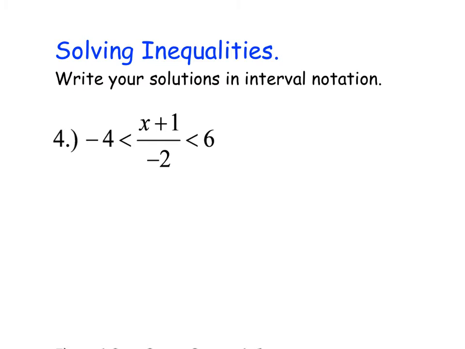So we go ahead and split off the first part. What I'm looking at here is this part of the inequality to solve: -4 is less than (x plus 1) divided by -2. As I go to solve this, I want to multiply both sides by -2 to get rid of that -2.